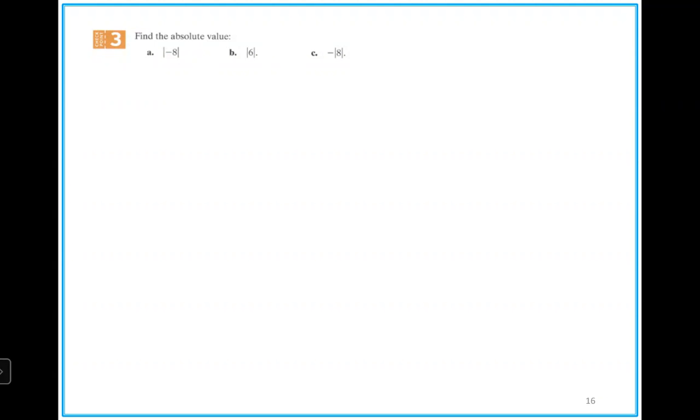Oh, negative 8? Okay. So we have to look out now. If it wasn't for that minus sign in front of it, then it would be 8. But because they have the negative of the absolute value, in the first one, A, the absolute value of -8 is equal to 8.